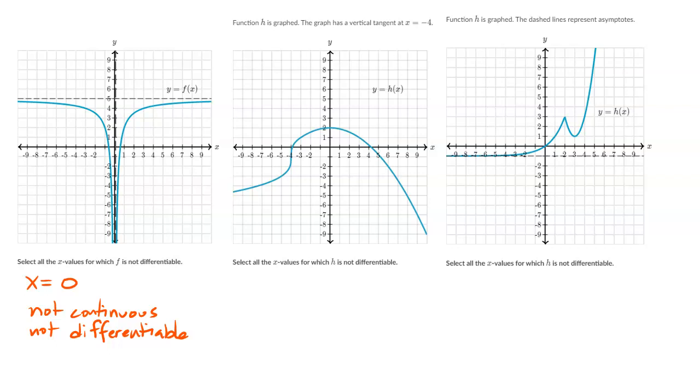Continuous, not differentiable. Continuous and differentiable. The one choice you can never have is that it can't be differentiable but not continuous. You're going to be given those 4 choices all the time, and I want you to know that that's never a possibility. To be differentiable, it has to be continuous.